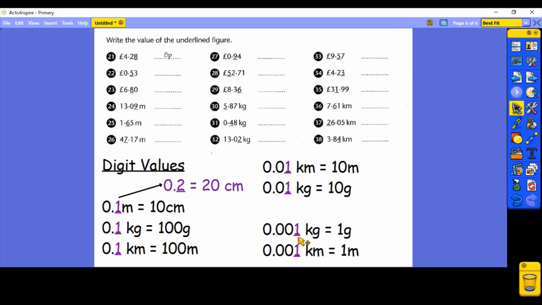So this decimal place here, the third decimal place, 0.001 kilograms, that's your 1 gram there, and your 1 meter if it was 0.001 kilometers. Now, I don't think you need that for this bit, but that's just to show you that obviously we've got tenths, hundredths and thousandths. And if you divided 1,000 by 1,000, you'd obviously end up with 1. So use this to help you.